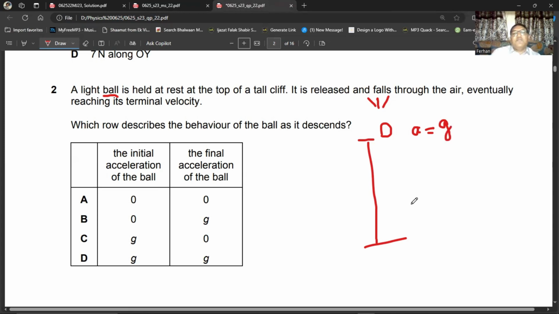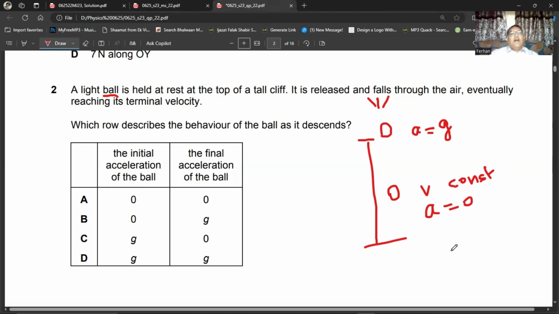When the ball reaches terminal velocity, the velocity becomes constant. This velocity is called the terminal velocity, and here the acceleration becomes 0. This is the main concept.